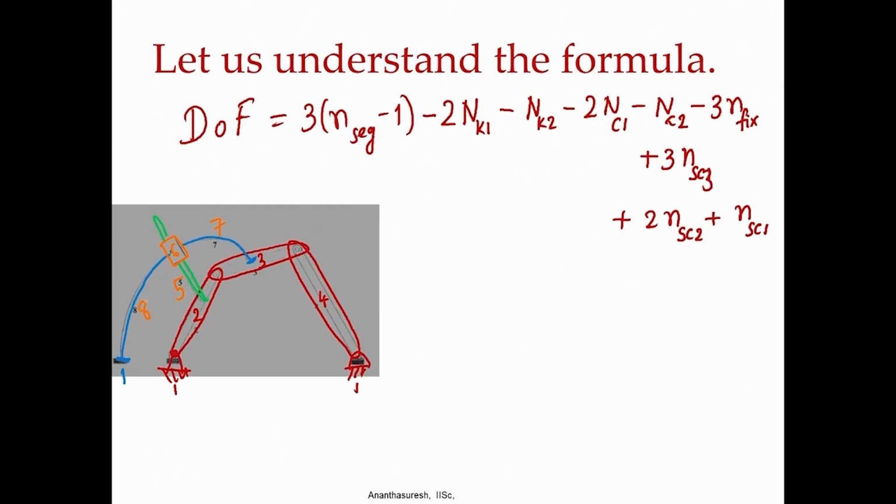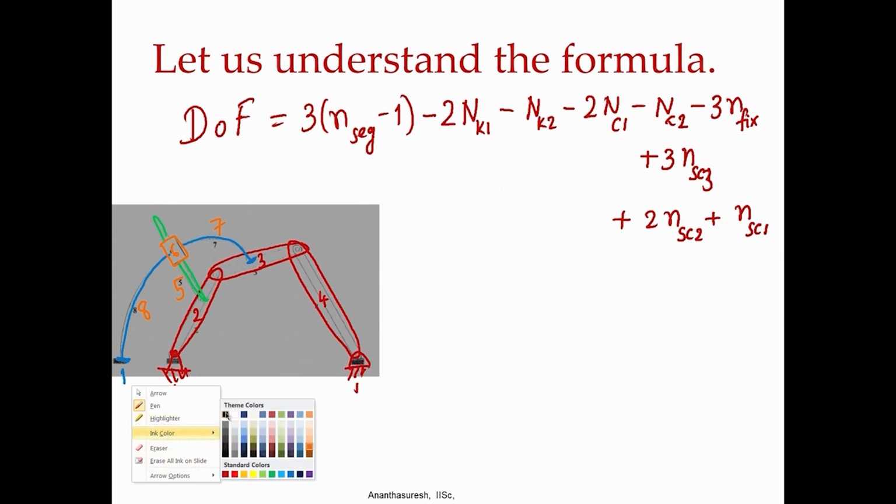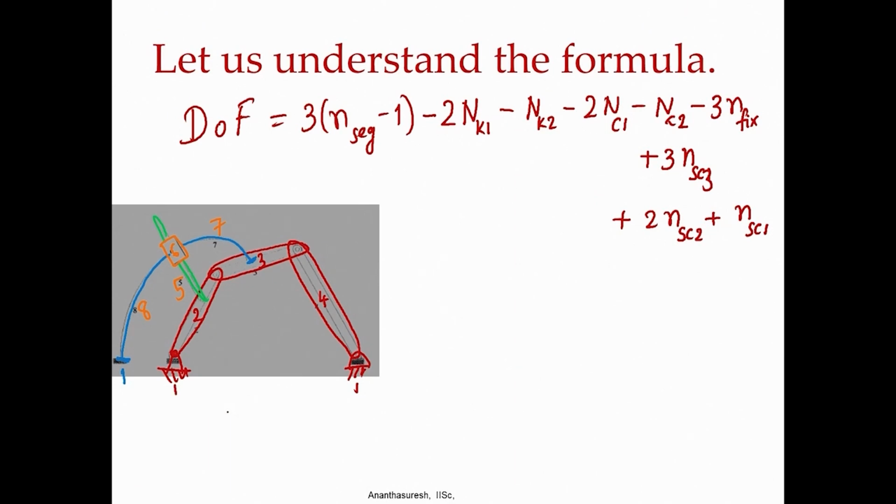Okay. So, if we look at how many degrees of freedom this has, how many segments are there? We counted 8. So, the DOF for it is 3 times 8 minus 1. We are counting both elastic segments, the blue ones 7 and 8, and the rigid ones 2, 3, 4, 6 and 5, and we have the fixed frame, that is 1. We count everything, 3 into 8 minus 1.